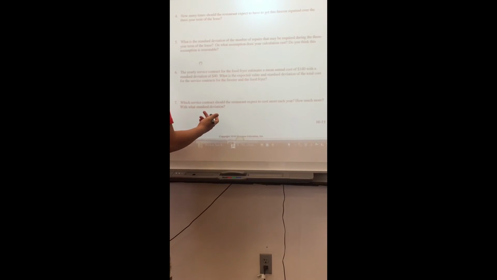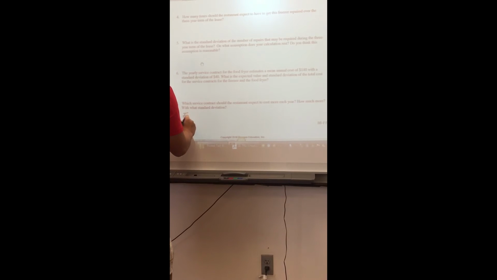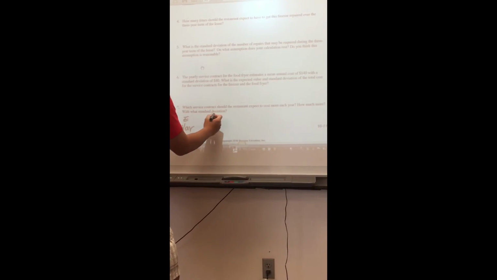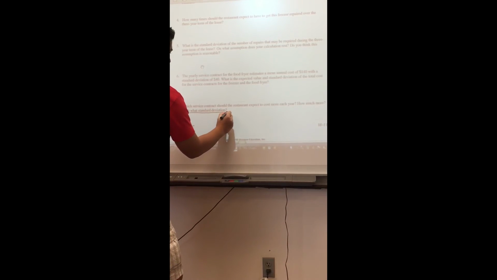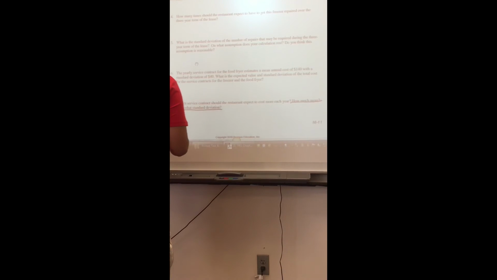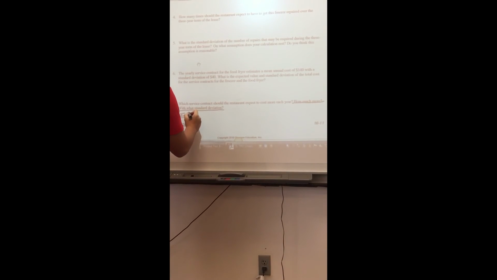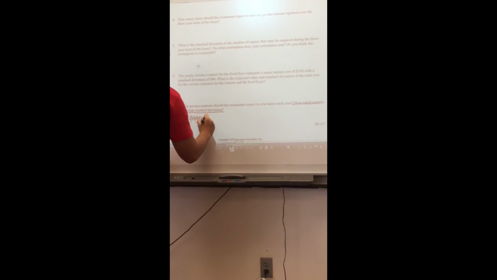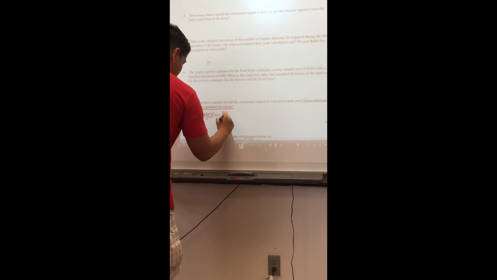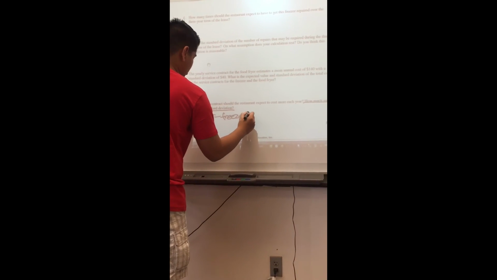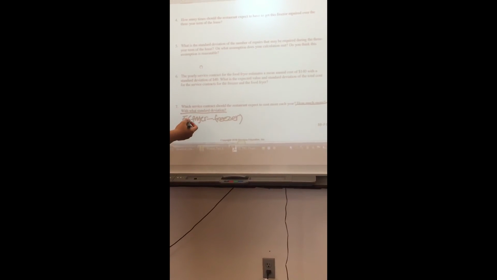So it's the expected fryer minus the freezer, and the same for variance.